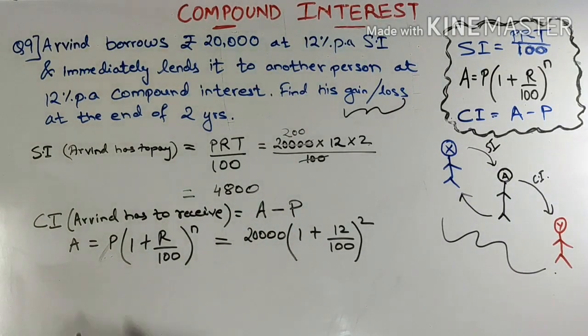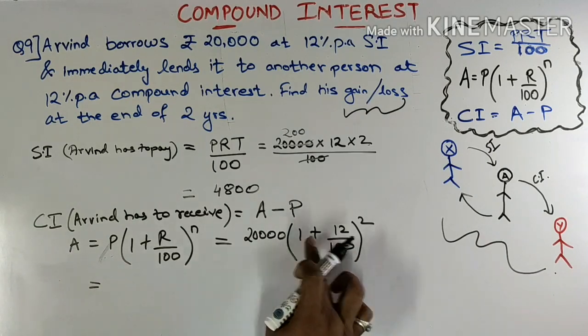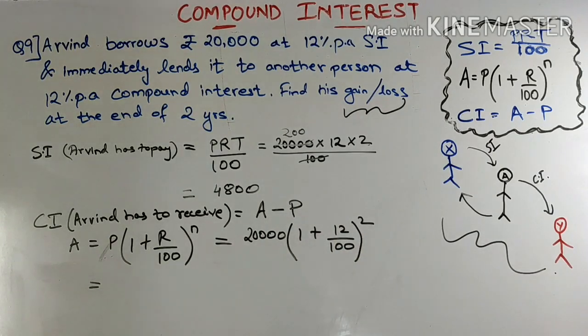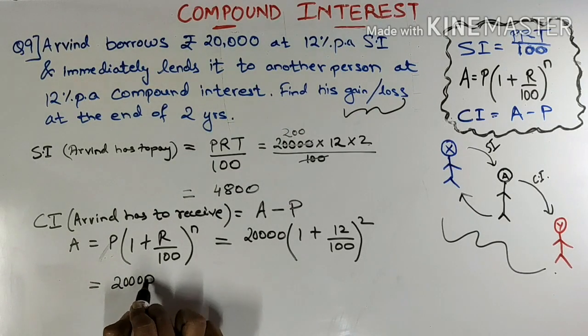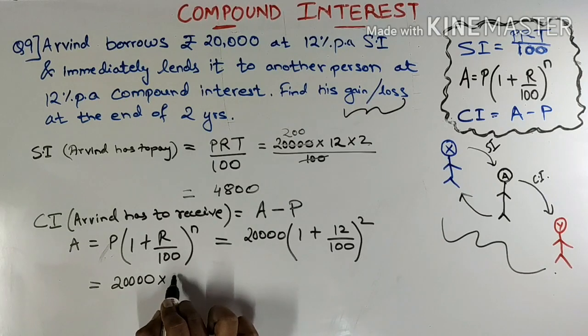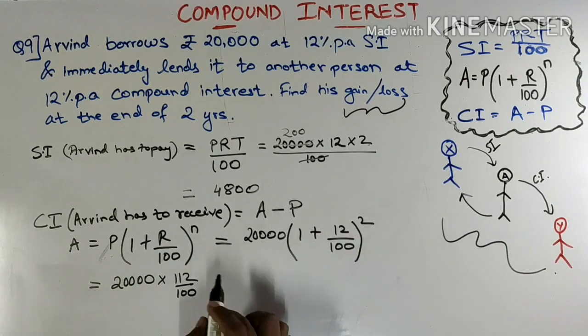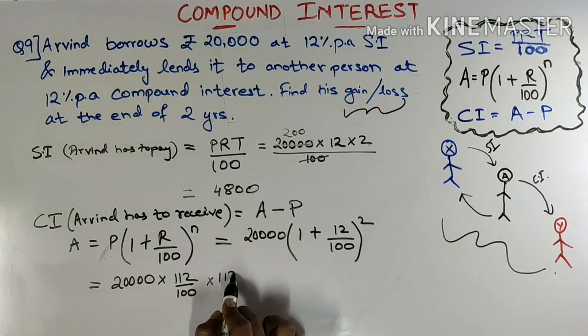So we simplify this bracket. This becomes 100 plus 12, 112 upon 100. So 20,000 multiplied by 112 upon 100, and this is squared, so it will be multiplied twice.